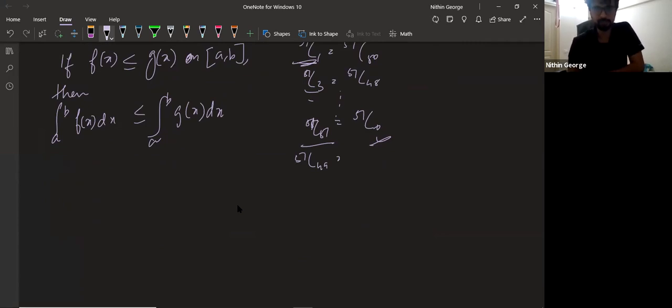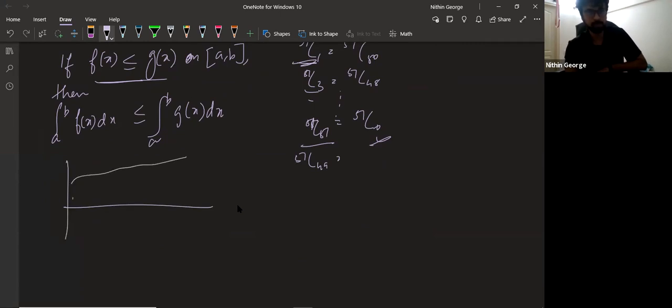If f of x is less than or equal to g of x on a comma b, then integral a to b f of x will be less than or equal to integral a to b g of x, because f of x should be less than or equal to g of x at every point in between. Then only this is true. The idea is this: when you have a function and you know for a fact it is greater than the other function, the area the first function makes will definitely be greater. In that same span, if you take the area, the first function will be greater.